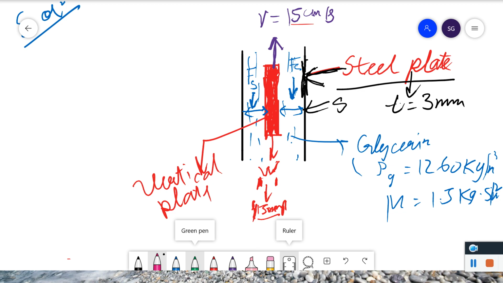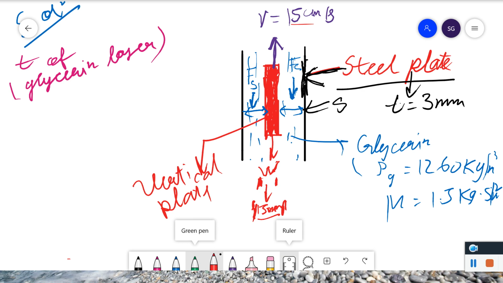This is the given quantity, and the solution would be: thickness of glycerin layer. This is 15. By the geometry, since it is symmetrical, I will draw a symmetrical line also.